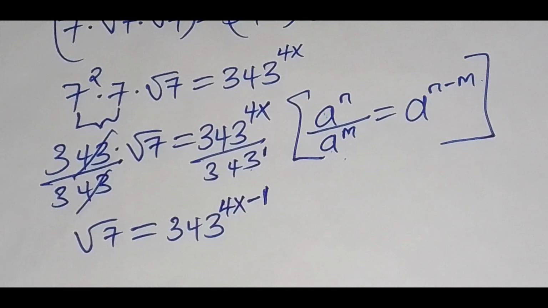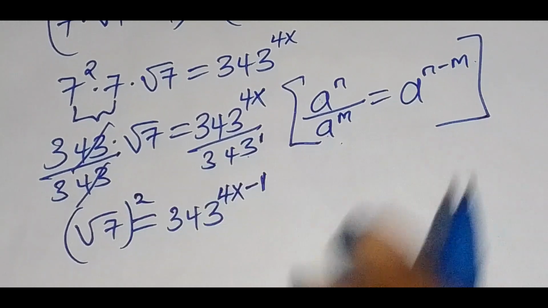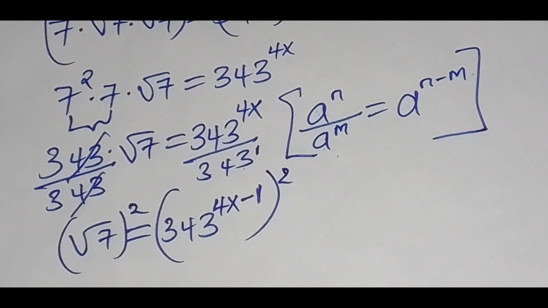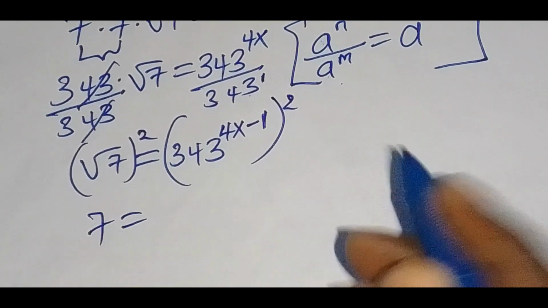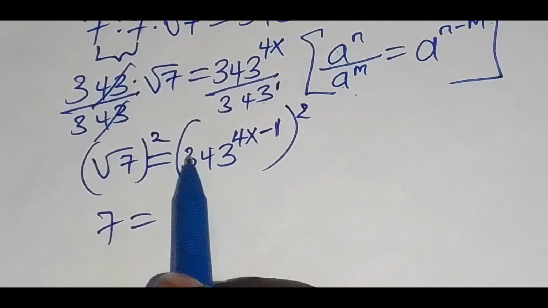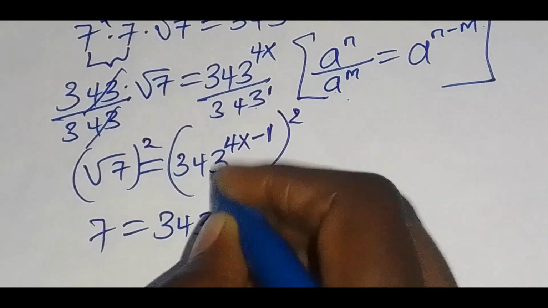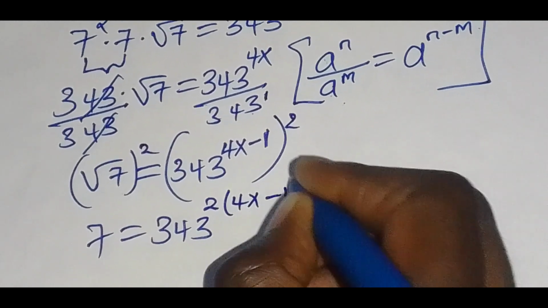Okay, and then we proceed. Again, we're going to square both sides to eliminate the square root sign in our case here, so that we'll have 7 is equal to 343 raised to power 2 multiplying by 4x minus 1.